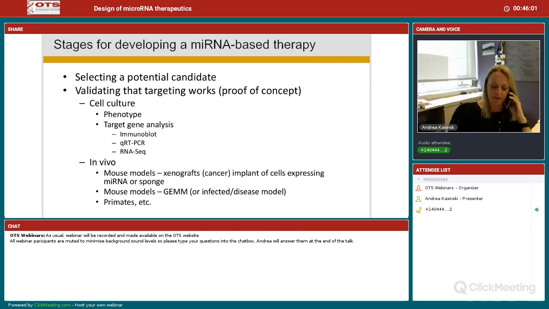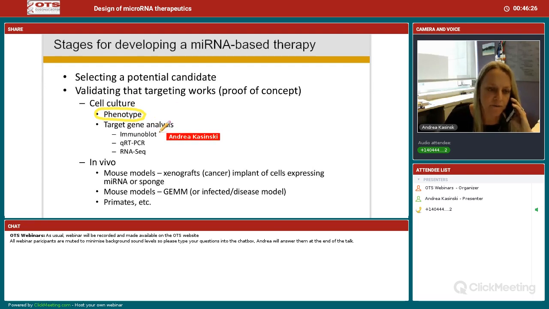That's not always useful depending on what the disease model may be. You may have to go to simple model systems like zebrafish or C. elegans to validate some of this. But the idea would be that if you modify the level of that RNA via overexpressing it or antagonizing it through sequestration, you need to observe some sort of phenotype. So, very basic biology here.